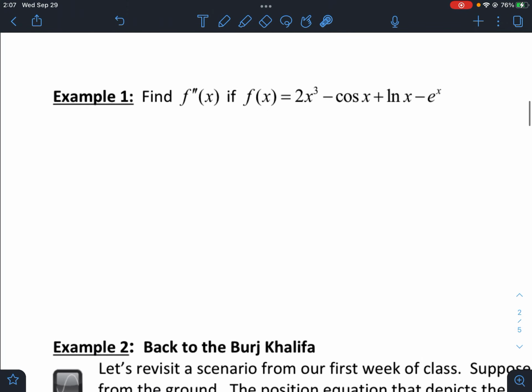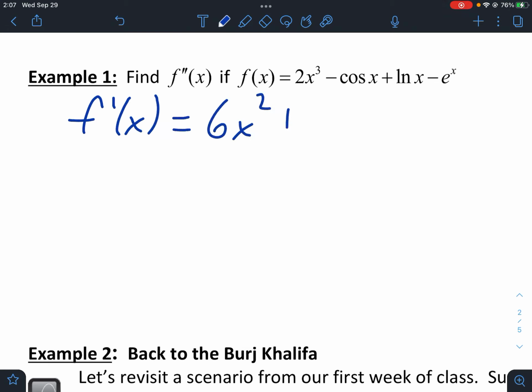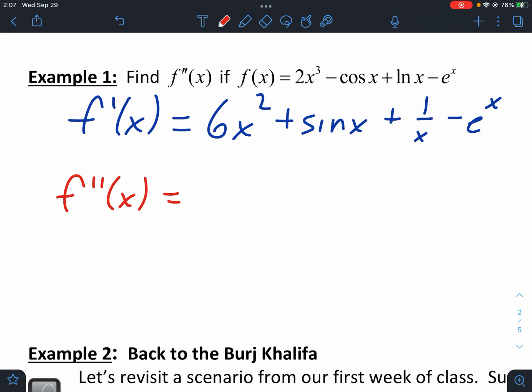So a real basic problem here to start off with. The question says find the second derivative. Well, you can't do the second derivative without doing the first derivative. So let's take the first derivative of this, and we get 6x squared plus sine of 1 over x minus e to the x. And that's our first derivative, and that's where we've stopped up until this point. If I want a second derivative, I'm just going to take the derivative of the first derivative.